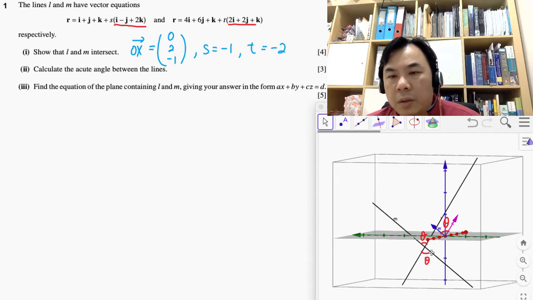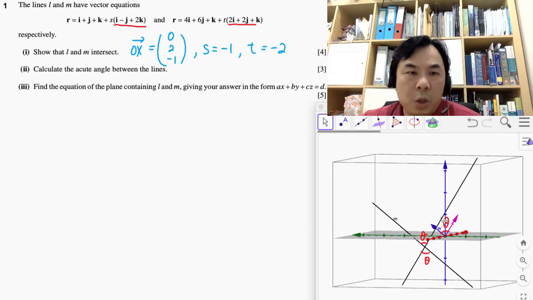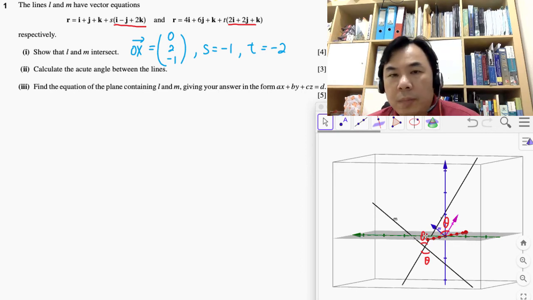This theta may be acute or obtuse in this case, but here we are more interested in getting the acute angle between the two lines. So no matter where these vectors are, it always gives us the angle between the two lines, whether they are intersecting or not. I hope that is clear.